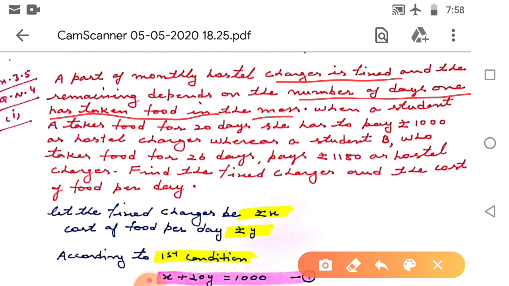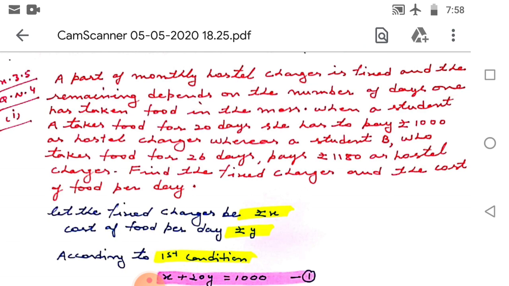So one part is the fixed charge for the hostel, and the second part depends upon the number of days one has taken food in the mess. This is the basic condition.